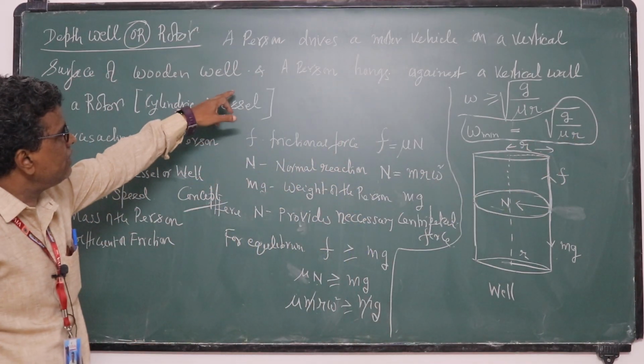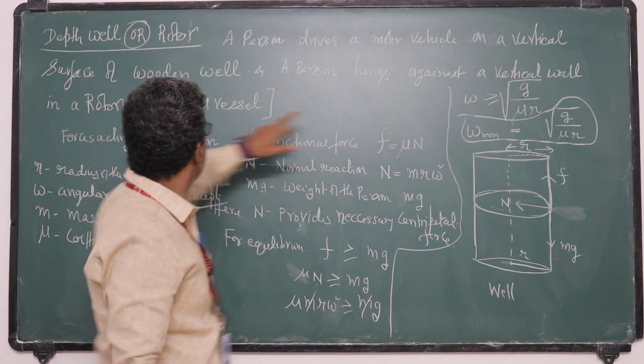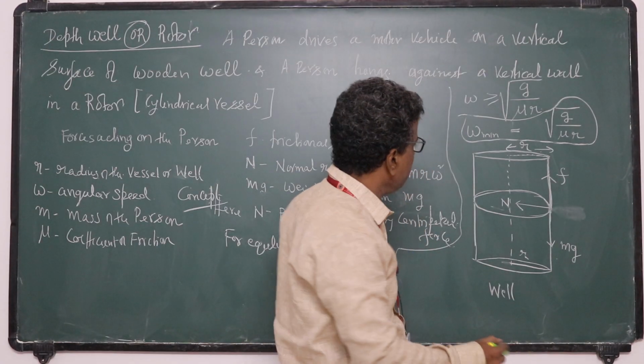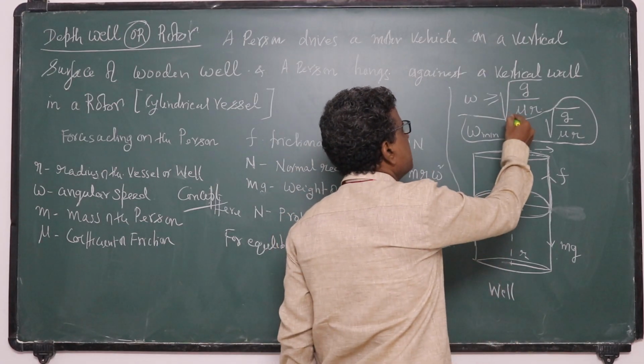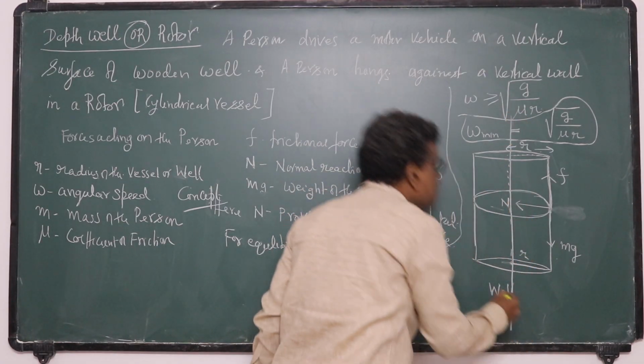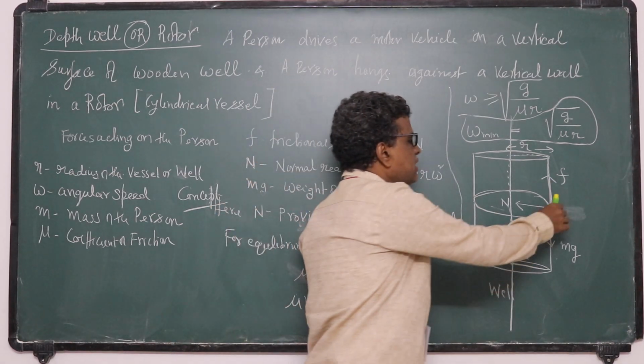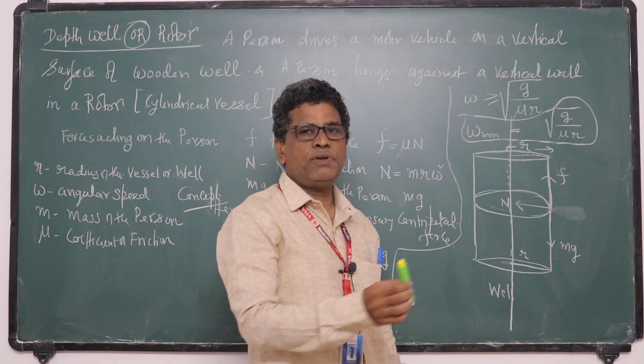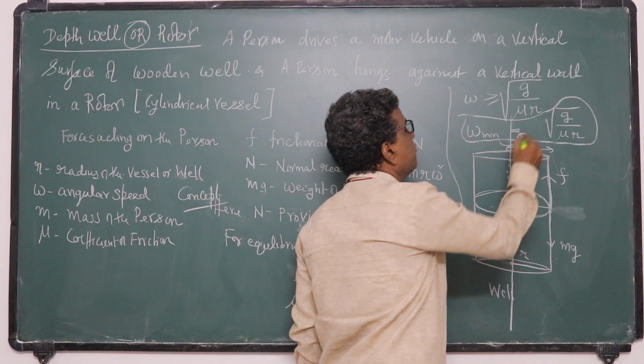On the other hand, consider a person hanging against a vertical wall. The same principle we can apply if this cylindrical vessel rotates, and a person is standing here. The same principle extends, but reversed. The person is at rest, the cylinder is rotating.